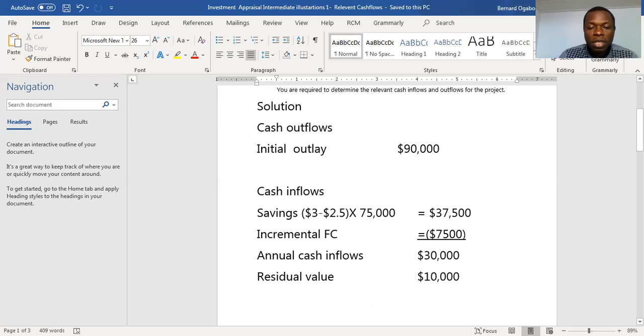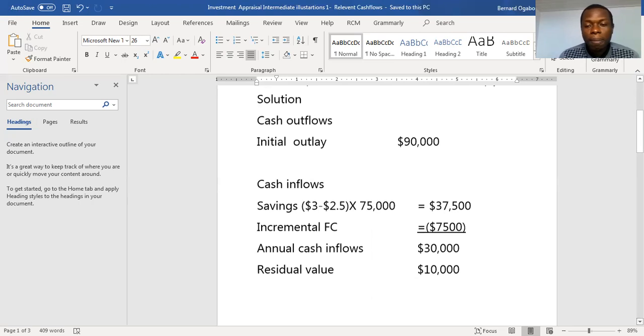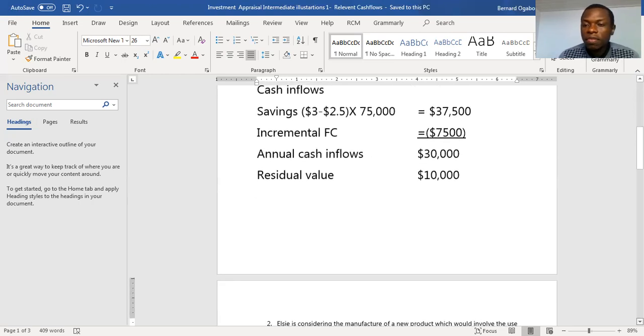So from this annual cash inflow, I would have subtracted depreciation before I arrive at profit. I said that in the introductory video to the concept of investment appraisal. If you've missed that already, I encourage you to go find time with the introductory video.